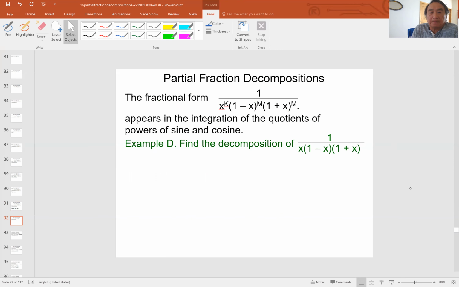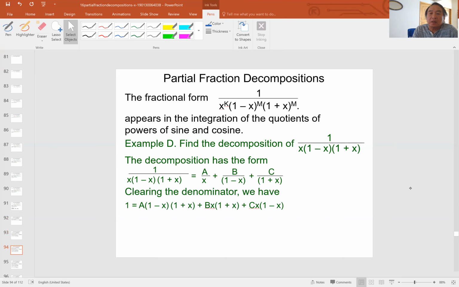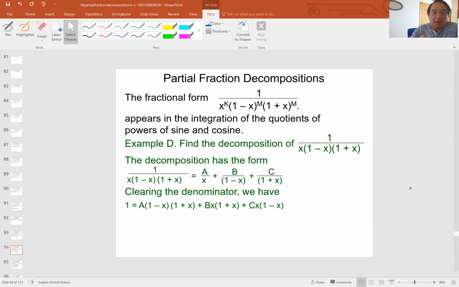And here is again a fraction that breaks up into three irreducible pieces. So this one I can easily pick up A, B, and C by evaluating.